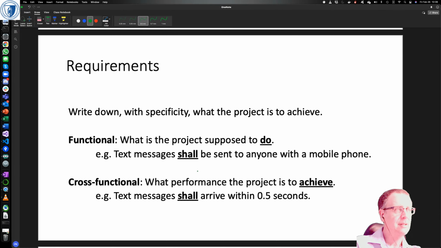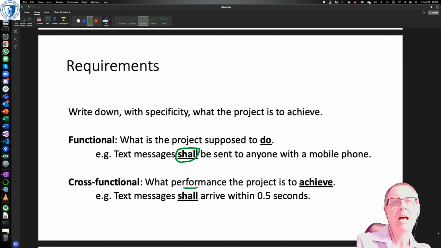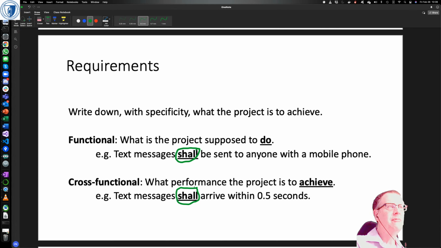The other thing I've written here, and I've underlined, is the word shall. I'm very particular in the way I write requirements. If a requirement is a requirement, it has the word shall in the statement. If it doesn't have the word shall in the statement, it's not a requirement.